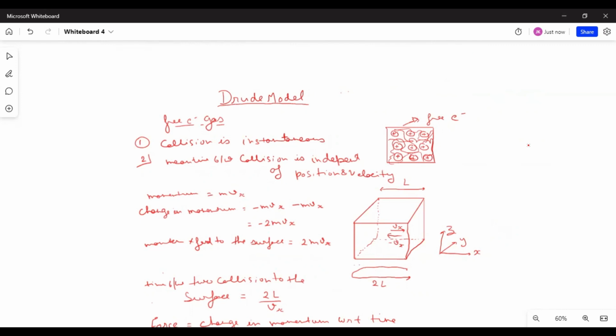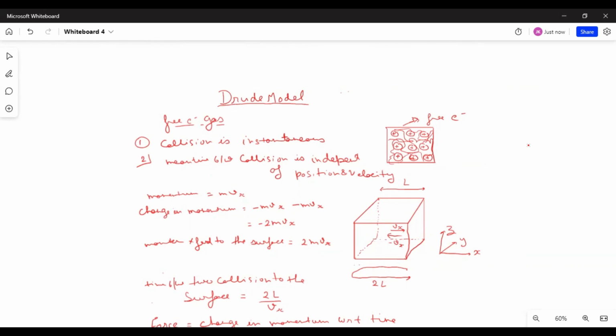Here we assume that electrons are not interacting with the ions, so they are free to move and behave like an ideal gas. We assume that the collisions between electrons are instantaneous, and between one collision and another there is no interaction. The second assumption was that the mean time between collisions is independent of the velocity and the position.